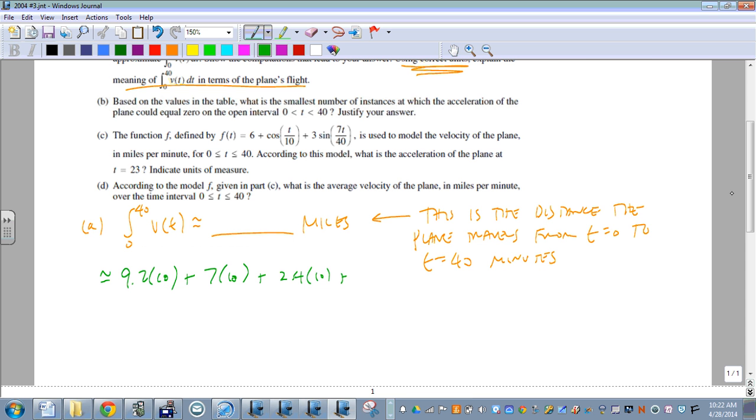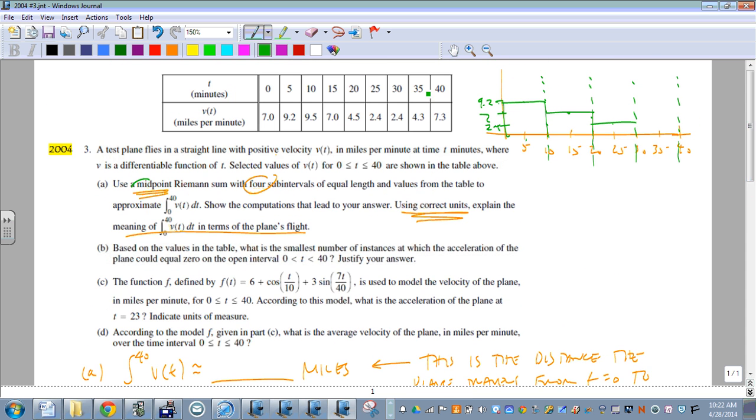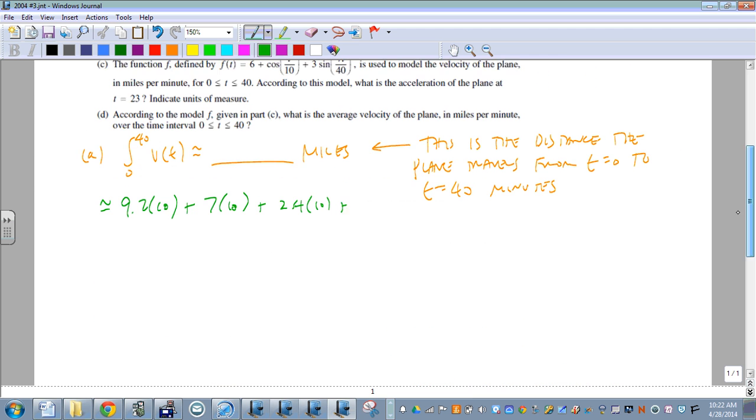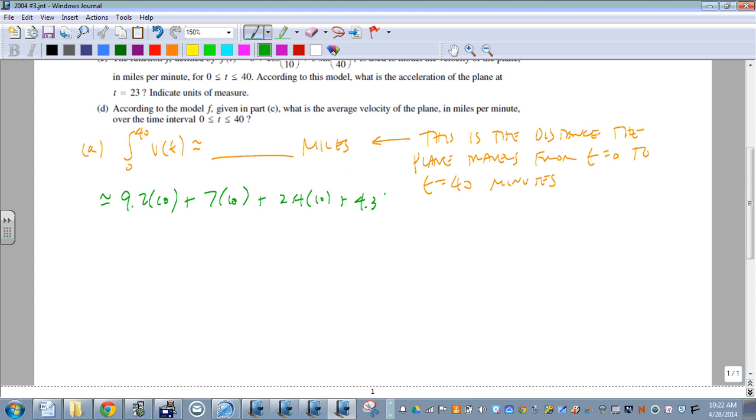And we have one last rectangle. When t is 35, it's at 4.3. Right, so we have 4.3 times 10. So if we add all those up, we get approximately 229 miles. Right, so that's the total distance the plane travels in that amount of time.